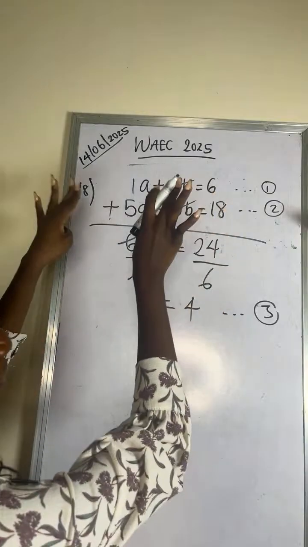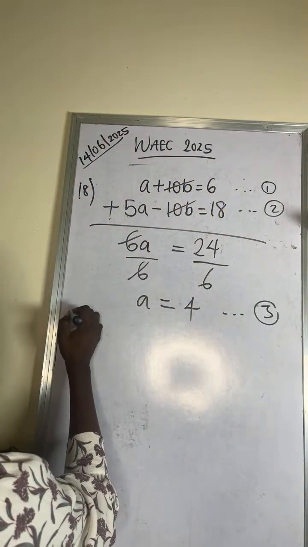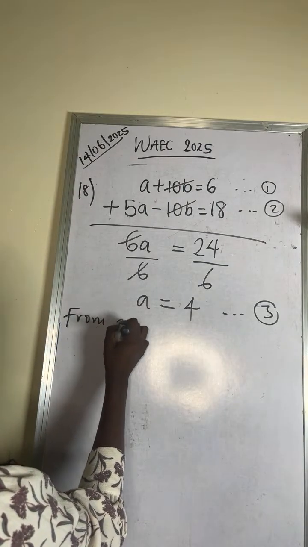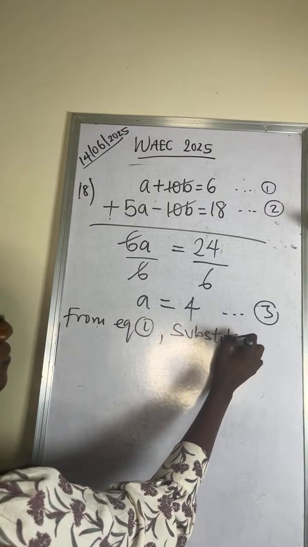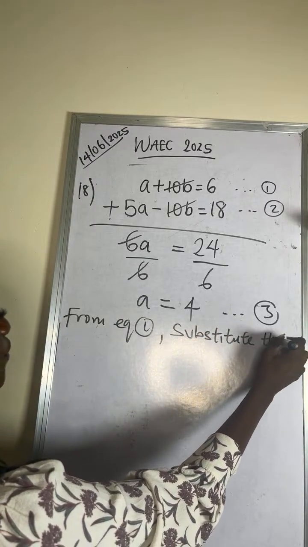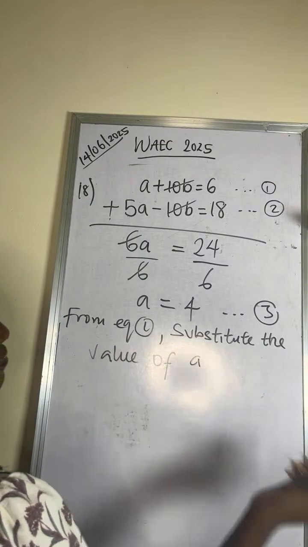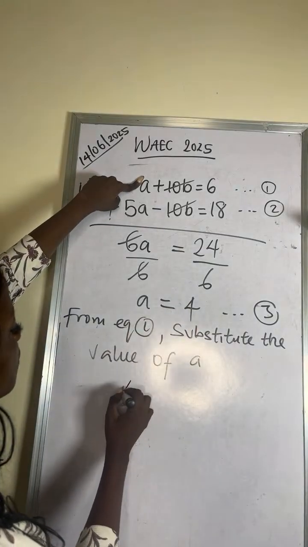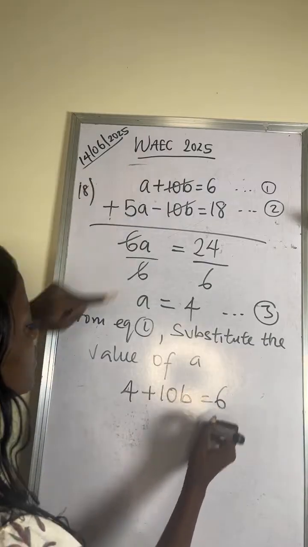We want to find b. So we'll take it from equation 1, substitute the value of a. Instead of a, we write 4 plus 10b equals 6.